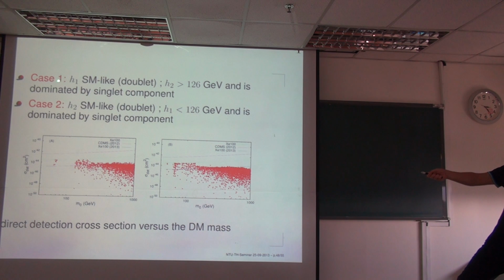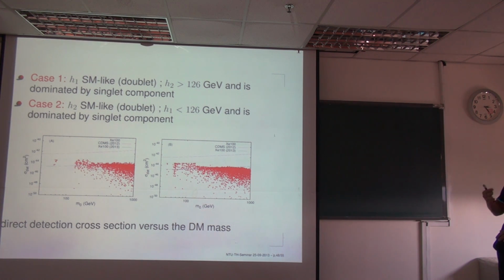We discussed two cases. The first one is H1 is the standard model like Higgs, and the other one is heavier than 126 GeV and dominated by the singlet. And the second case is H2 is the standard model like, and H1 is less than 126 GeV. H1 could be quite light, it could be 60 or 70 GeV, but it has to be consistent with LEP data, because we know for a Higgs lighter than 114 GeV, there is some data from LEP which should be satisfied.